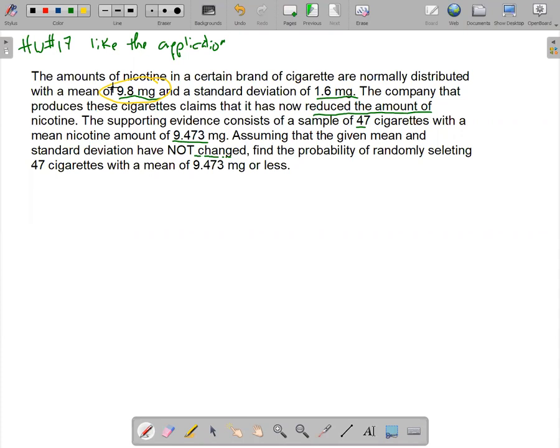So in this situation, I have to identify what's the population information, what is the sample information, and then compare the two of them to see if anything has changed and make a recommendation based on that. So let's do it. Some things to consider: the population in this case would be all cigarettes produced by this company.